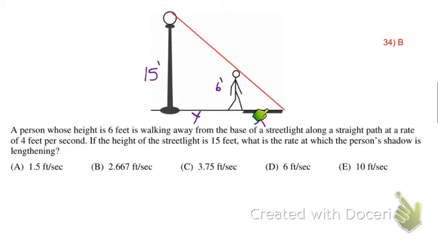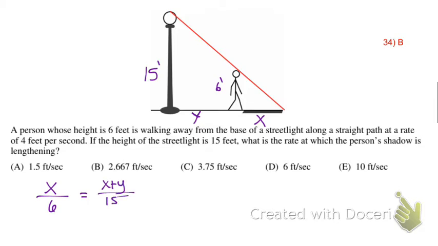So the length of the shadow x divided by the height of this person, 6 feet, x over 6, is equal to the length of the shadow plus the distance away from the street light, divided by the height of the street light. So x over 6 is equal to x plus y over 15.